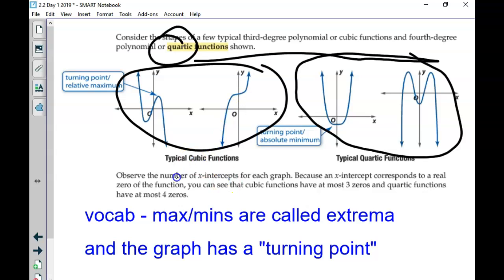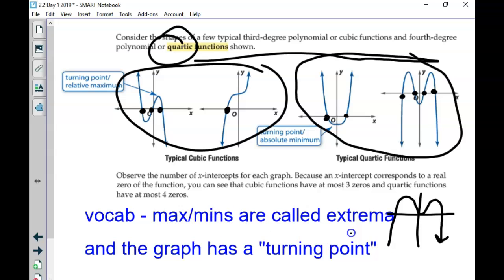All right, observe the number of x-intercepts for each graph. This one has how many? 3, but it's also possible that a cubic can have only 1. Degree 4 can have 2 or 4. It could even have 3 if that middle loop had just barely touched like that. Okay?